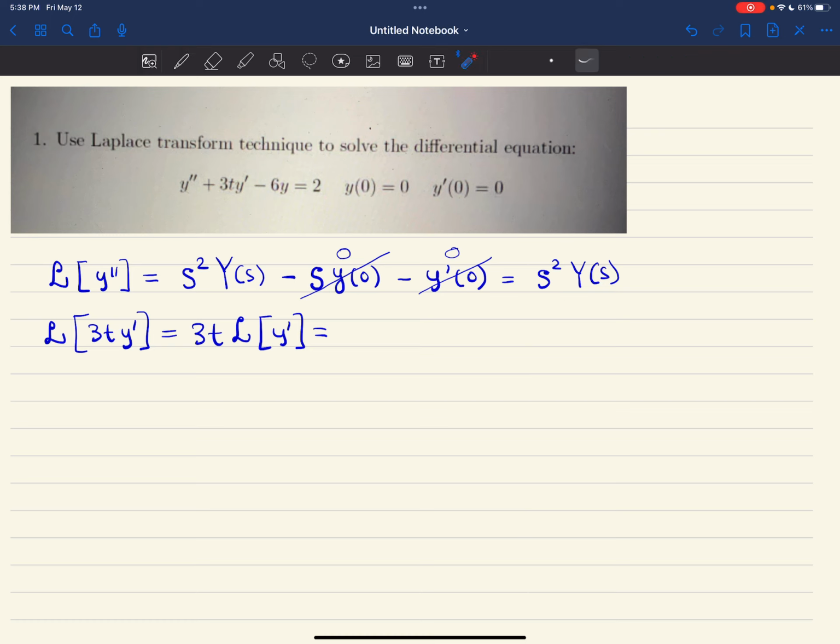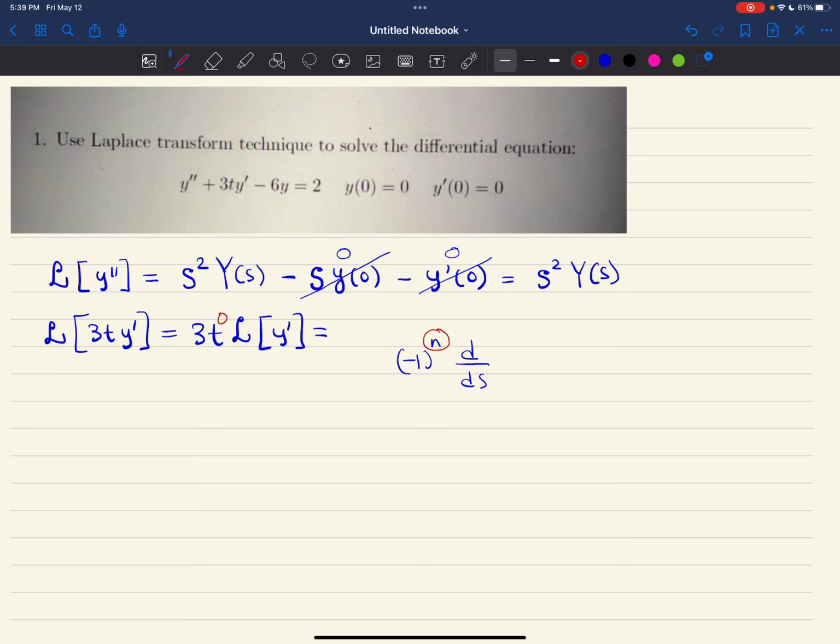if you read the book, you have to recall that this t just becomes something like negative d over ds. Well, it's actually negative 1 to the power of n, and then d over ds, where this n refers to the power of t.